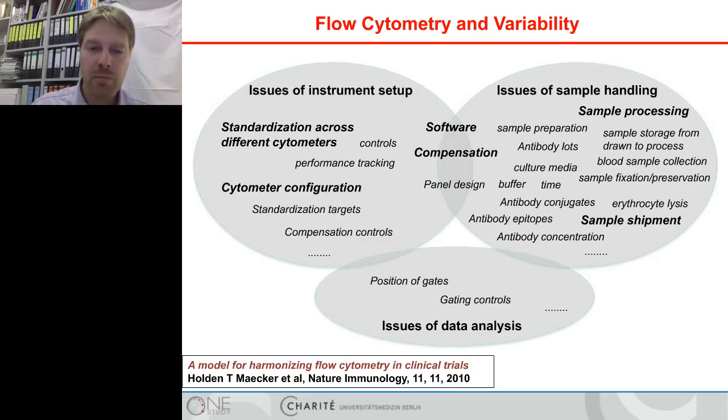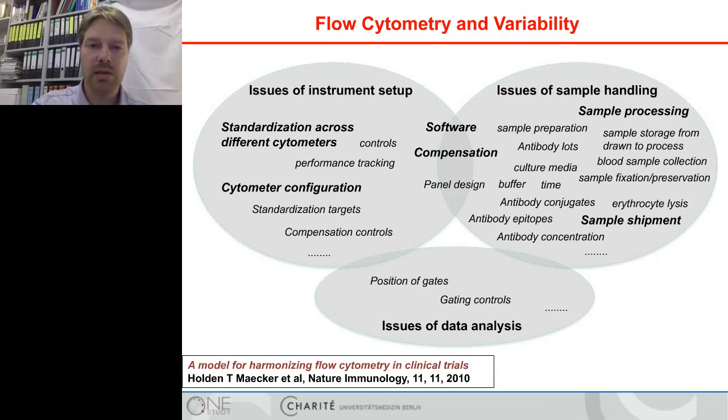In a paper by Hoffmann and Maecker, named The Model for Harmonizing Flow Cytometry in Clinical Trials, they describe the main issues for a standardization procedure in flow cytometry. The 3 main complexes are the issues of instrument setup, the issues of sample handling, and the issues of data analysis.